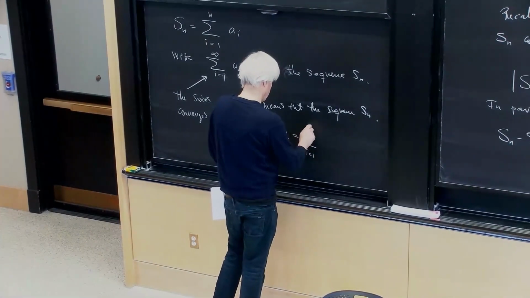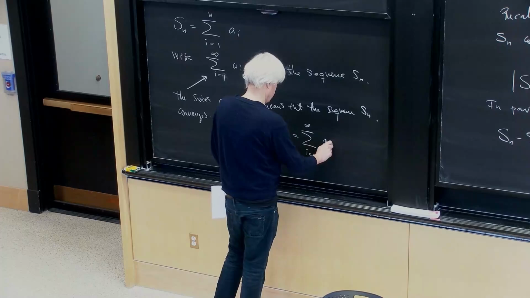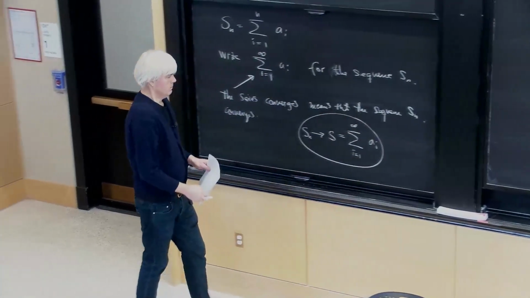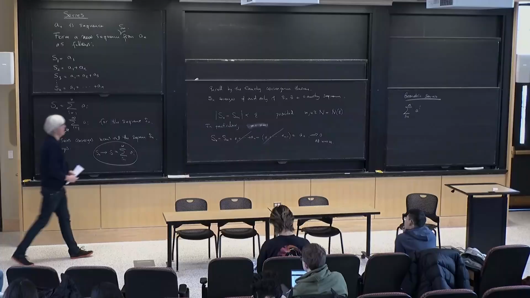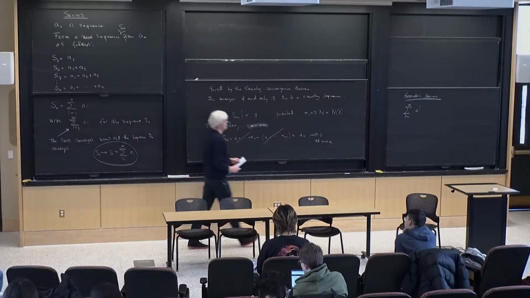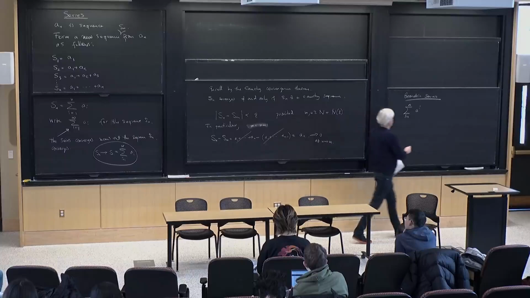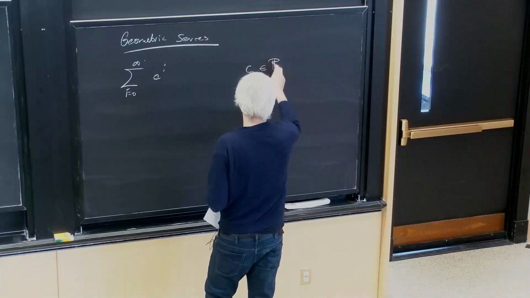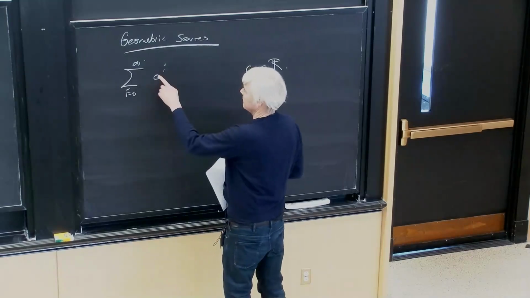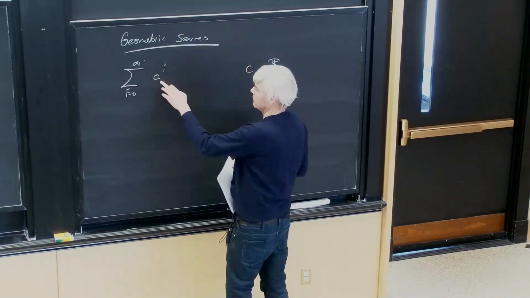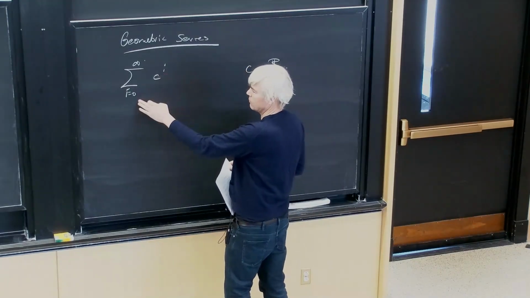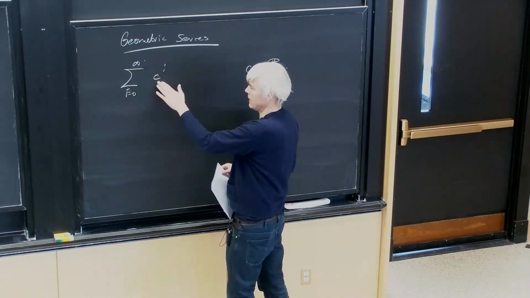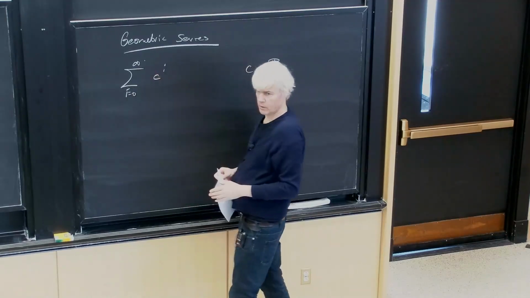In this case I was starting from 1. Now the geometric series is where you take some real number c and multiply it by itself i times, where i runs from 0 to infinity, and when i is 0, this is meant to be 1.